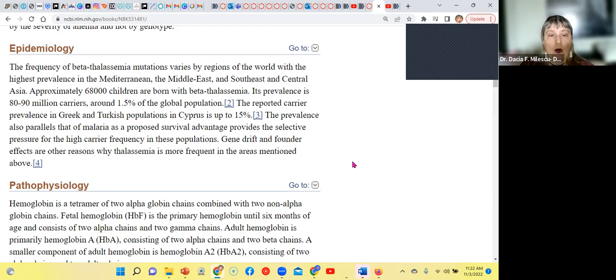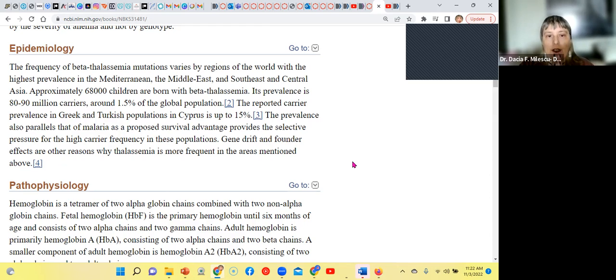All right, so if you also want to know, the prevalence seems to parallel malaria, because the genetic mutation for sickle cell was an adaptation to becoming completely resistant to getting malaria.